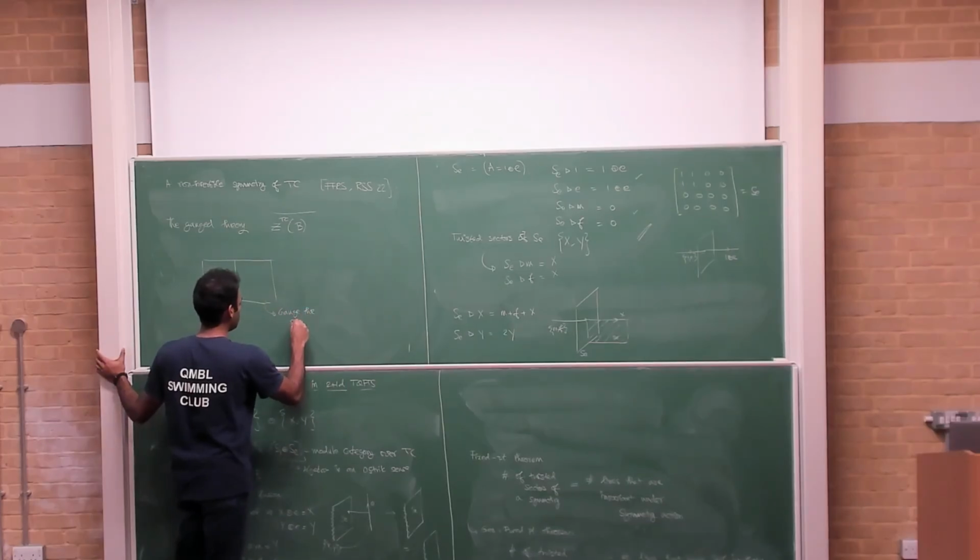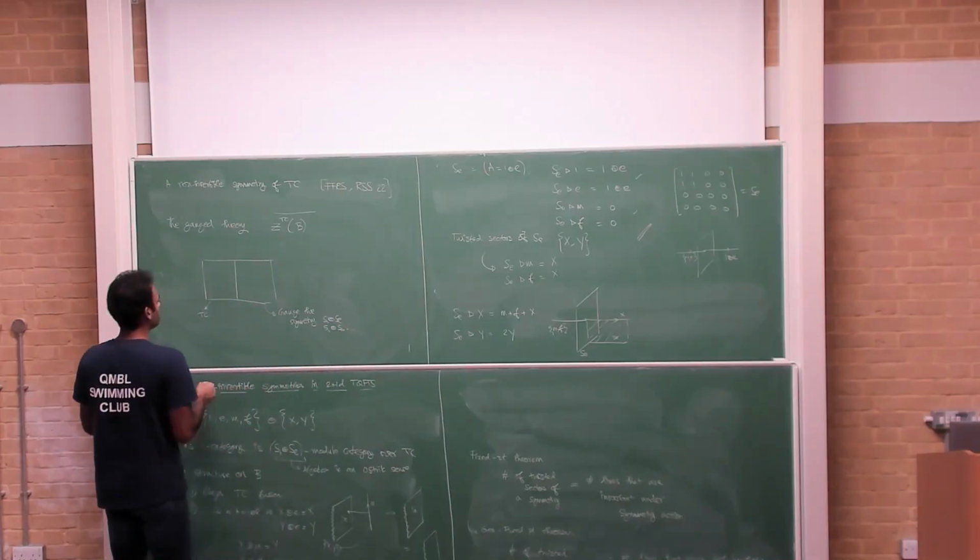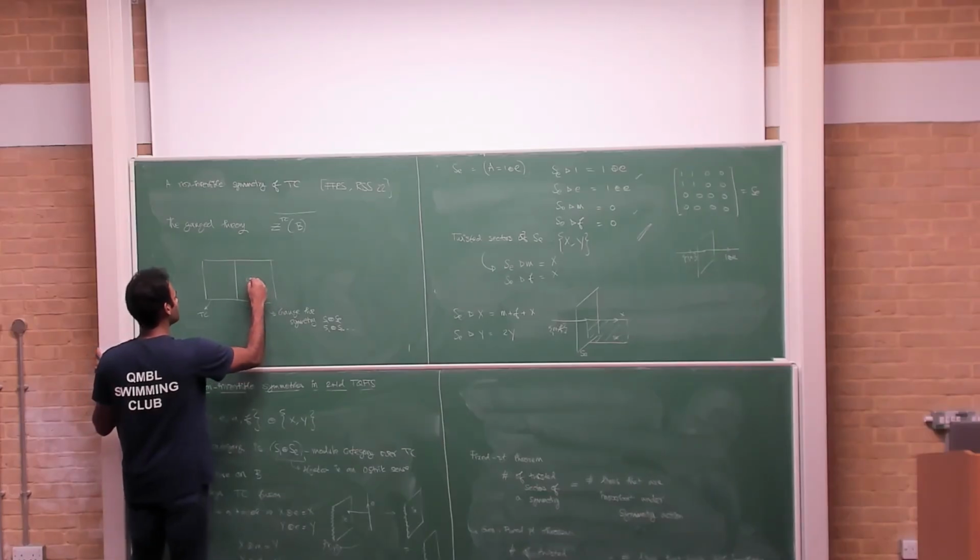Anything. It could be the Ising, it could be the electromagnetic duality, or it could be this S1 plus SC, etc. I could gauge it in the half space, and this would create a domain wall between TC and whatever the gauge theory is.